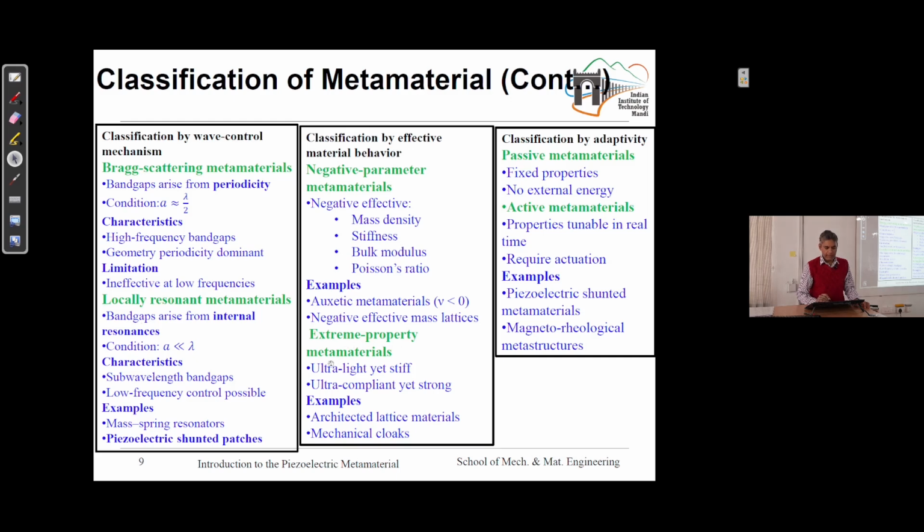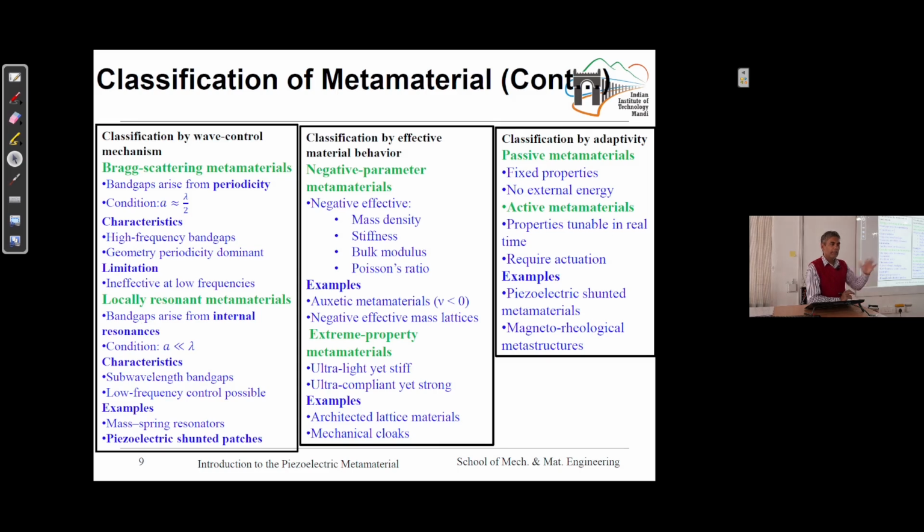Extreme property metamaterials. Now you can see this is very interesting. We have ultralight yet stiff. Say rho is almost 0, ultralight means rho is equal to 0, and the stiffness K is very high, but usually this is not possible, right? When we have density, in fact density and K are proportional, if you see the relations.